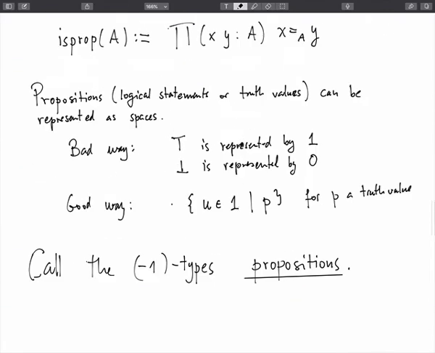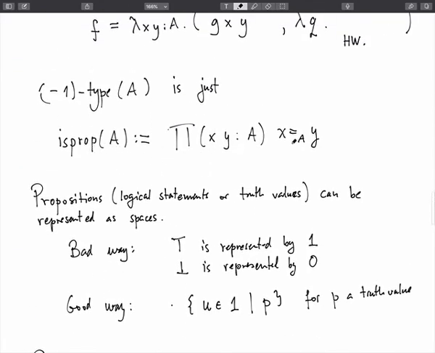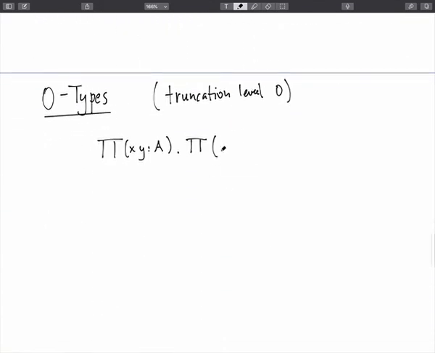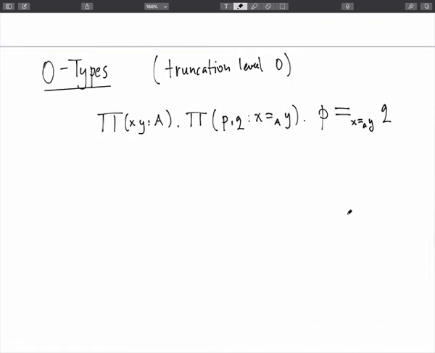I'm now implicitly using the fact that this is equivalent to the original definition, but that's how we do it so that we can understand what's going on. This is truncation level 0.